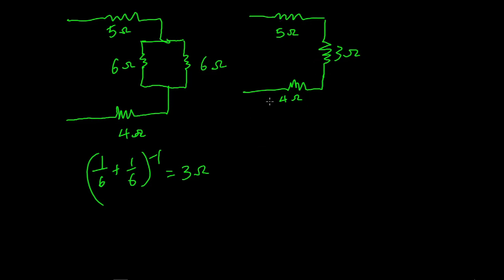So to find the effective resistance of this, we are going to have 5 plus 3 plus 4. This is going to give us 7, and this is going to total to a 12 ohms resistor. Therefore, the effective resistance of this circuit is 12 ohms.